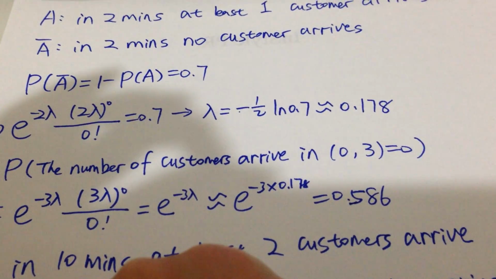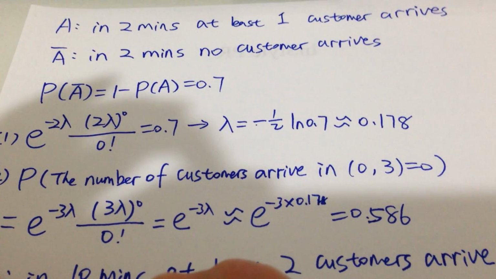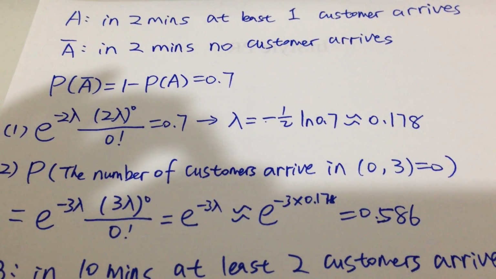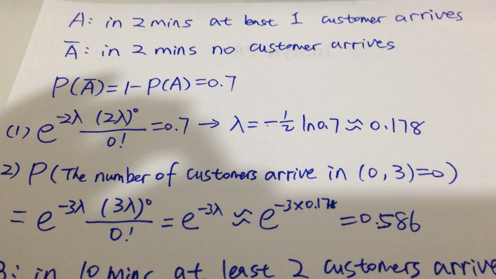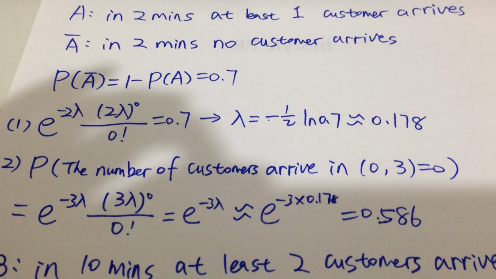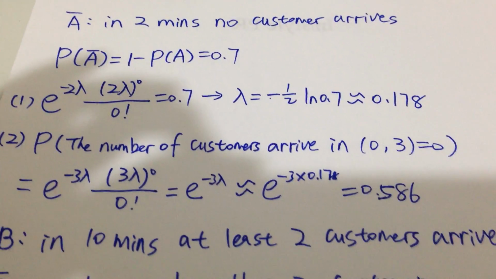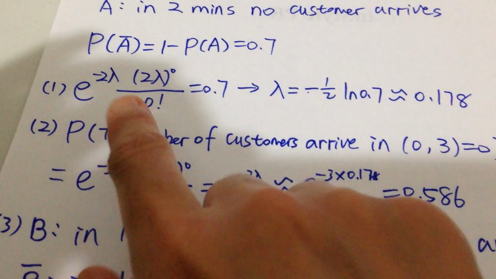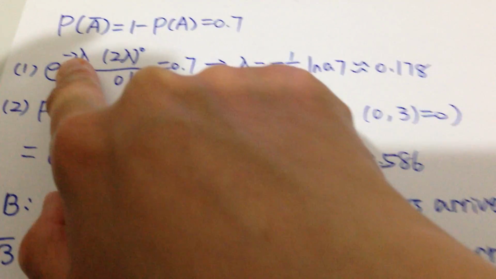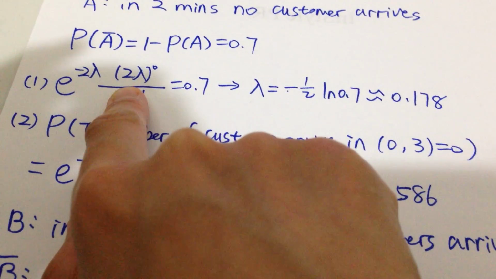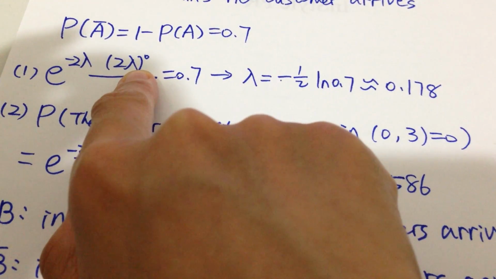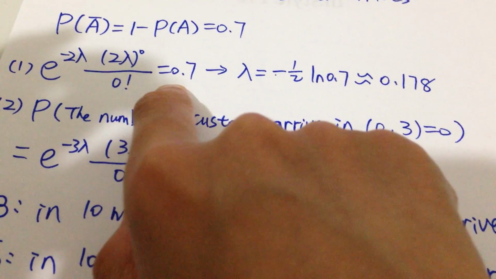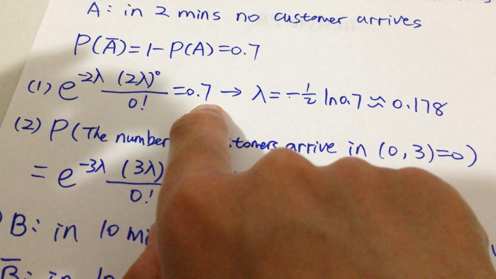Because the customer flow at this grocery store can be viewed as a Poisson process, the probability that the number of customers arriving in the interval between 0 and t is k gives an equation: e to the power of minus 2 times lambda, times 2 times lambda to the power of 0, divided by 0 factorial, equals 0.7.